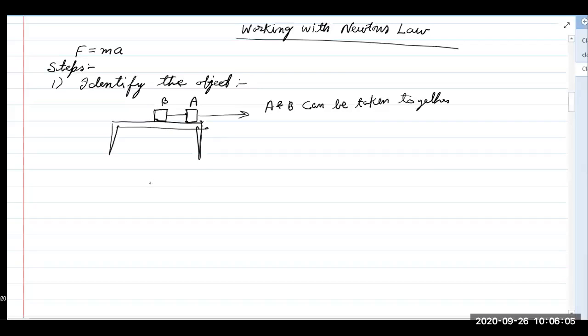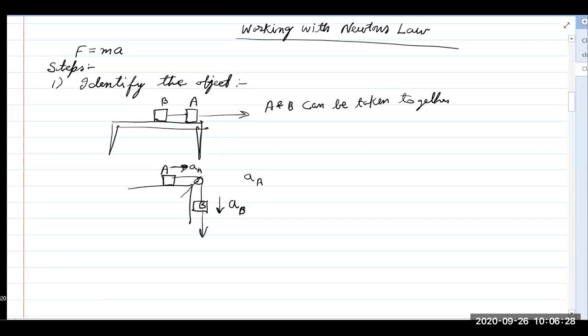But in another case, if you have a like this and b like this, and you are pulling it, b is going downward and a is going rightward. So these two do not have the same acceleration. So a, b and a are different.